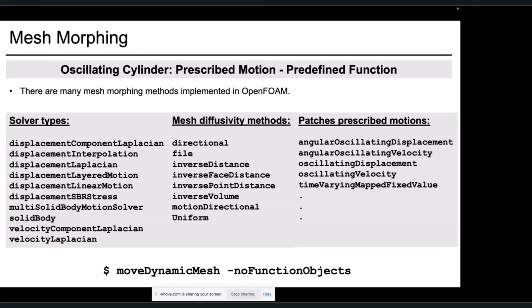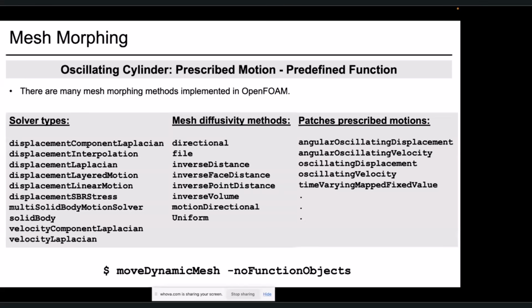The different prescribed motions we have include angular oscillating displacement, which means your body is pitching or moving angularly with a prescribed angular velocity, or its motion is just translational. In that case, you can use the oscillating displacement or oscillating velocity.